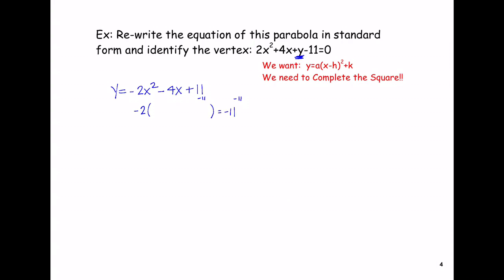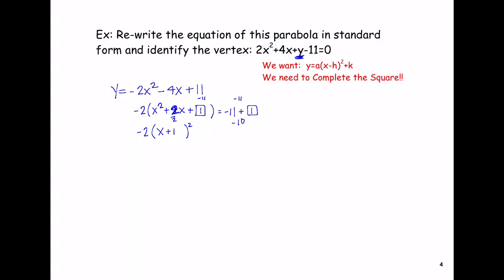So when we factor out a negative 2, we get x squared plus 2x plus box. In our next step, we have x, b divided by 2 is 1. 1 squared is 1. Negative 11 plus 1 is negative 10.